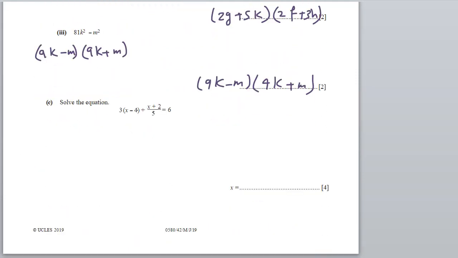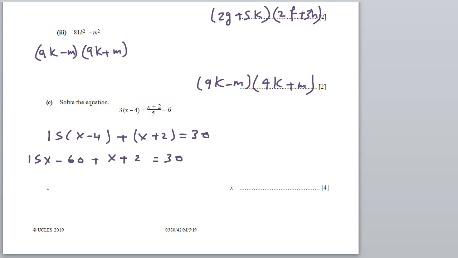Solve the equation. Let us multiply by 5, so it will be 15x minus 4 plus x plus 2 equal to 30. So 15x minus 60 plus x plus 2 is equal to 30. So 16x is equal to 30 plus 60 minus 2.